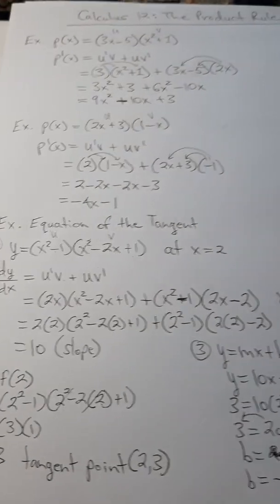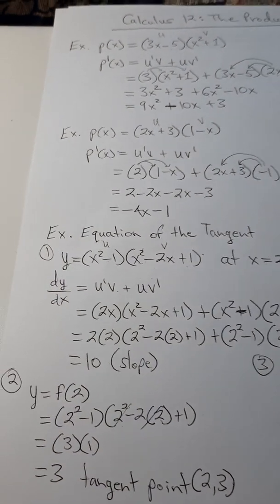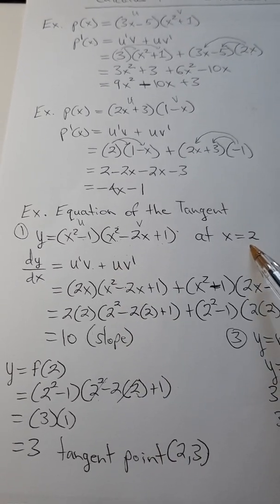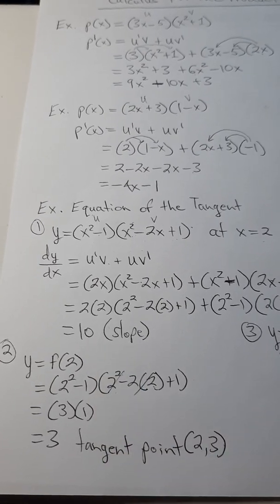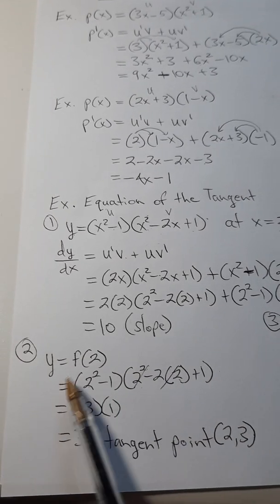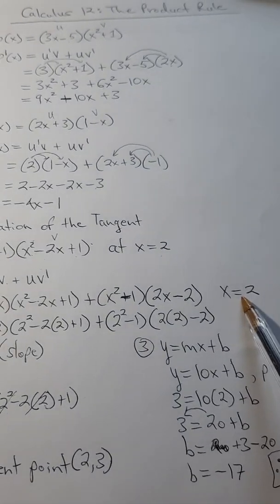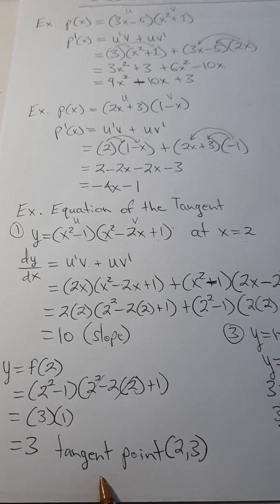Notice, very simple. They'll give you the actual function here. The first step was finding the derivative and substituting the x value that they're giving to us so we can find the slope. In the second step, we substituted f of 2, which is x equals 2, into the original equation, and that way we can find the tangent point.